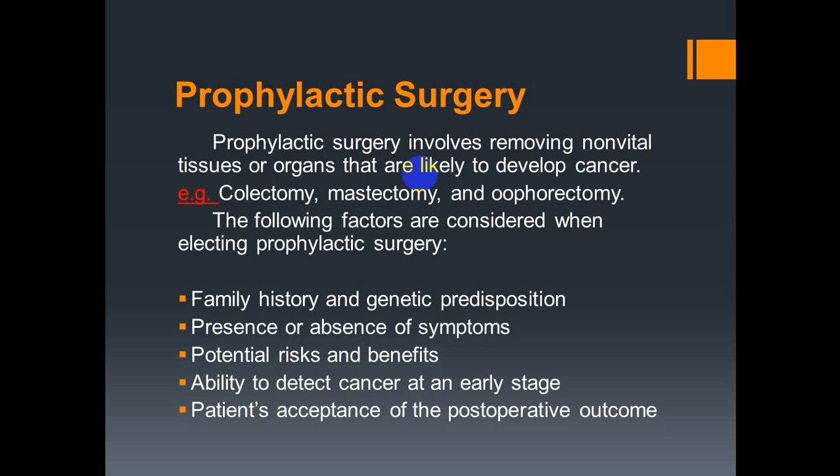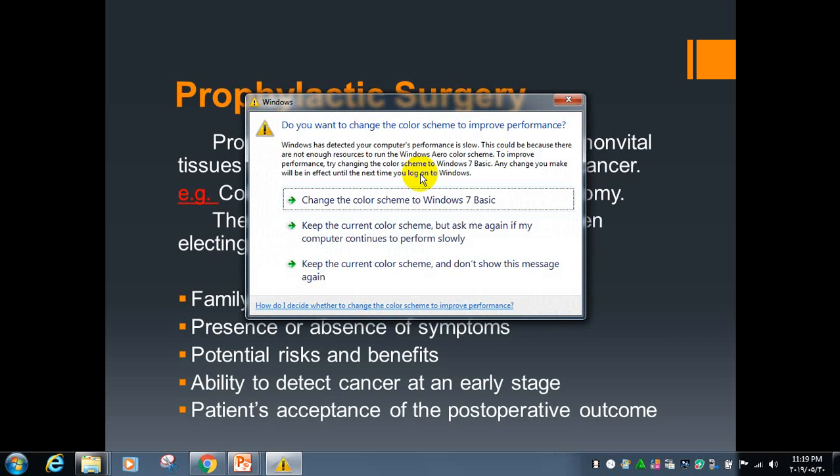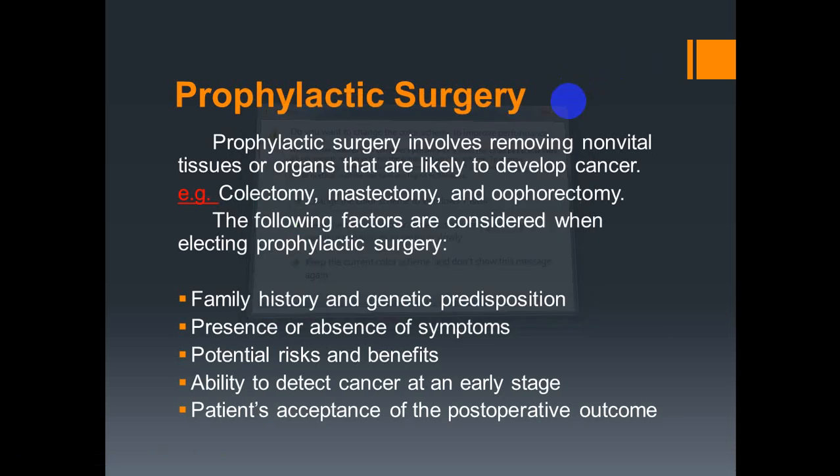The following factors are considered when electing prophylactic surgery: the family history, the presence or absence of symptoms, potential risks and benefits, ability to detect cancer at an early stage, and the patient's acceptance of the prophylactic surgery and post-operative outcomes.